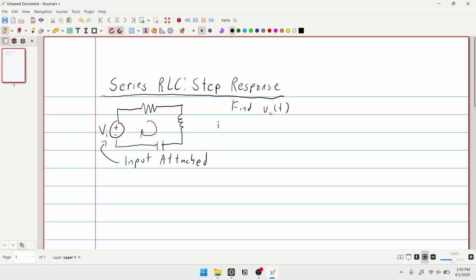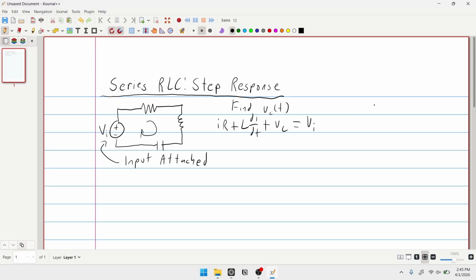So we have iR from the resistor, plus L di/dt, plus the voltage across the capacitor. We're just going to leave it as V sub C. And then that equals Vi.